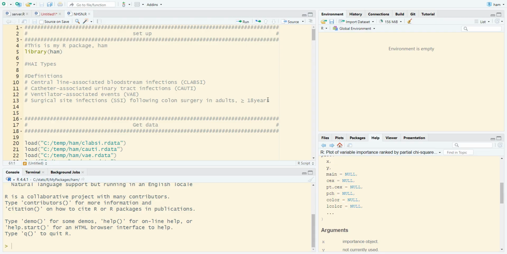They track infection rates from over 30,000 hospitals throughout the U.S. and U.S. territories on infections such as CAUTIs, CLABSIs, VAEs, and surgical site infections, or SSIs.